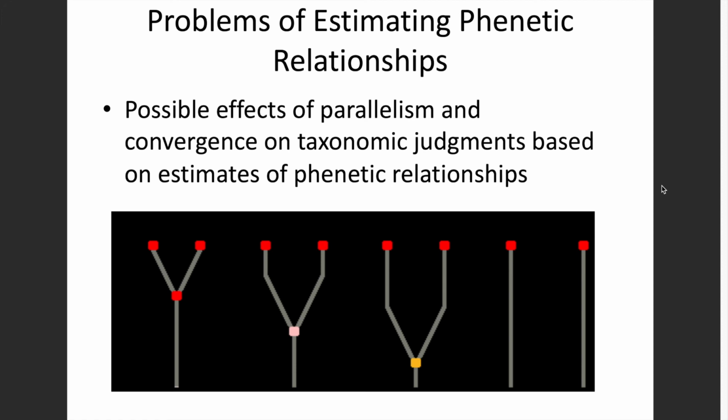And if you think about it, its advantage, in the sense that it treats every data point, every numerical measurement, every character attribute that you're measuring as equally weighted, is also its downfall.